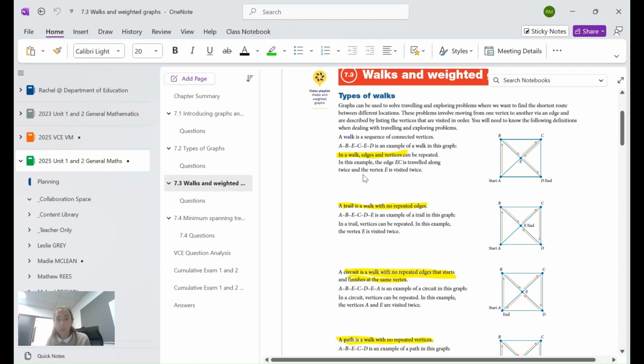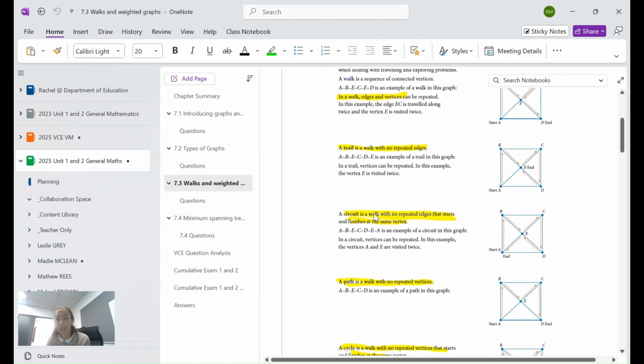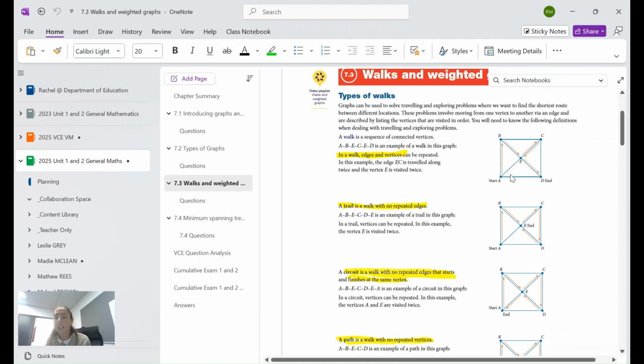Whereas a trail is a walk, but it has no repeated edges. Can you see here that we've hit every single vertex? And in a walk, we've repeated this edge. In a trail, we have hit every single vertex, but we cannot repeat the edge.